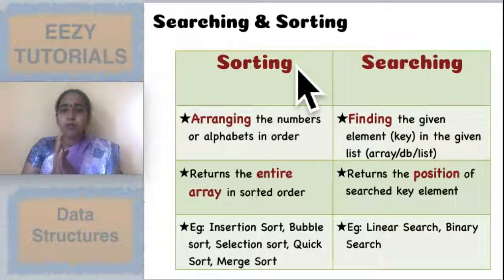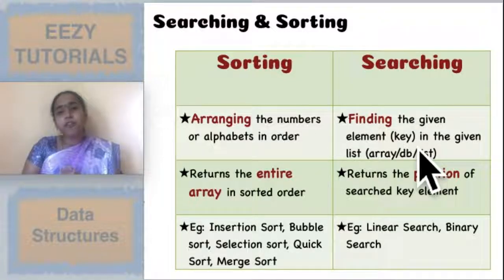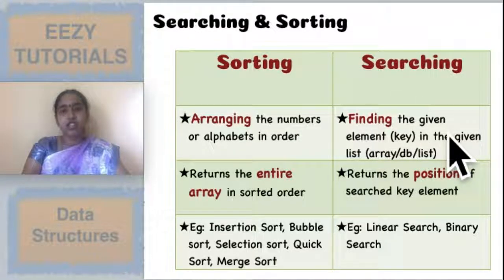You have to be very clear about the difference between sorting and searching. They are entirely different. Arranging the alphabets or numbers in order is called sorting, so you are performing an arranging operation. Searching means you are performing a finding operation. You are given a search element, and the technical name for the search element is the key element. Suppose I want to search for the 15th student, as we saw now.